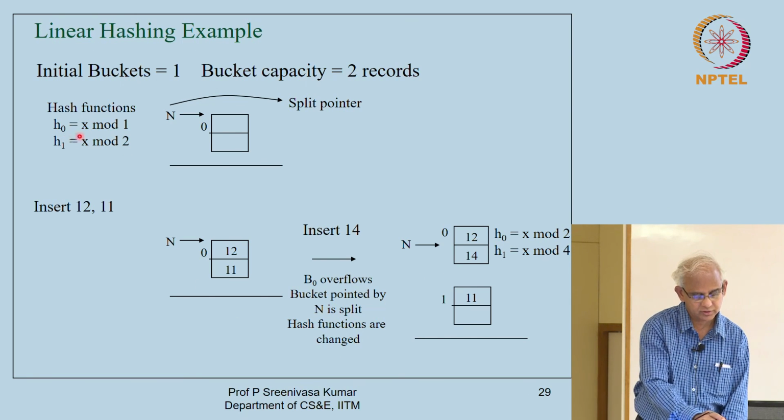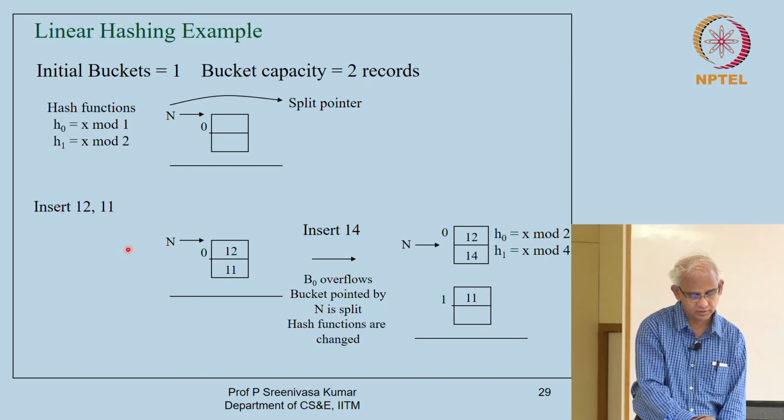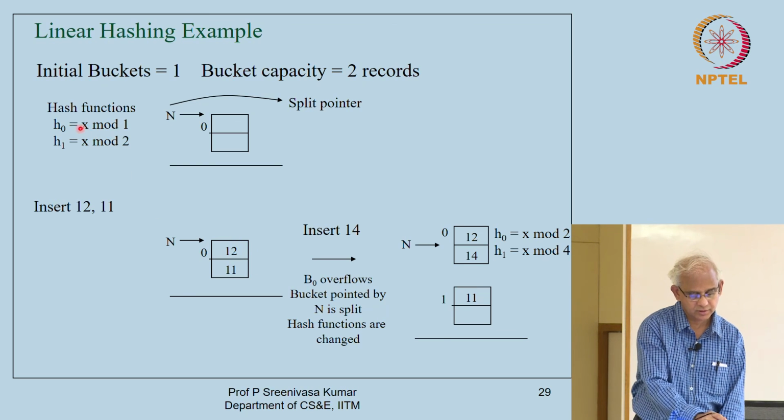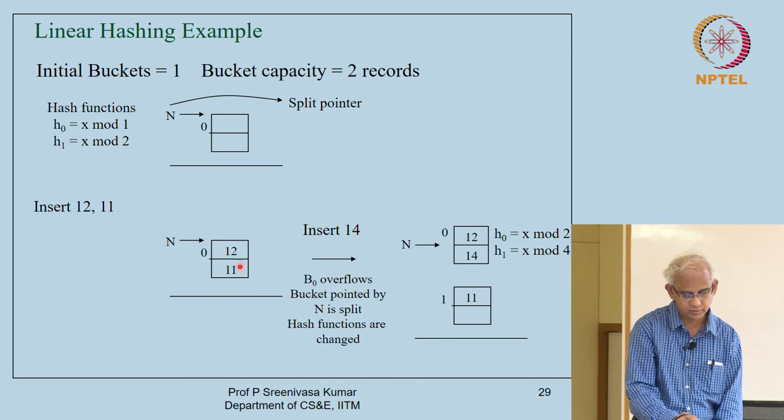The initial hash functions are x mod 1 and x mod 2, and then we insert 12 and 11. Since it is mod 1, they will simply go there.